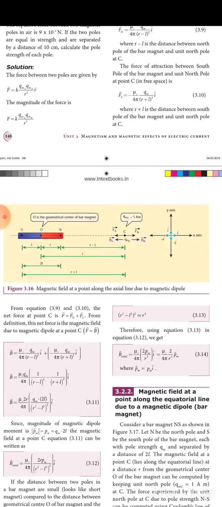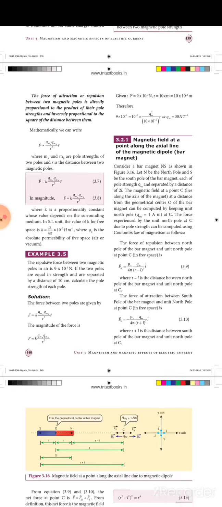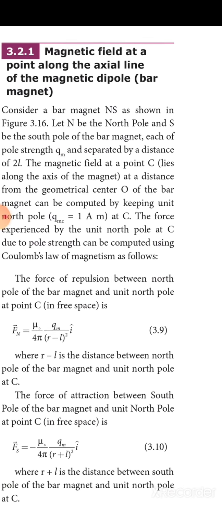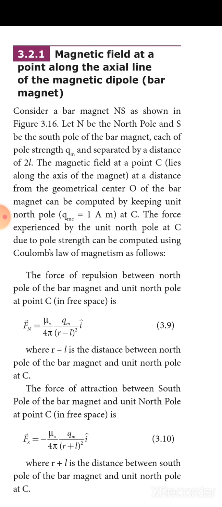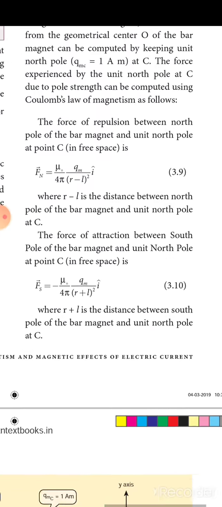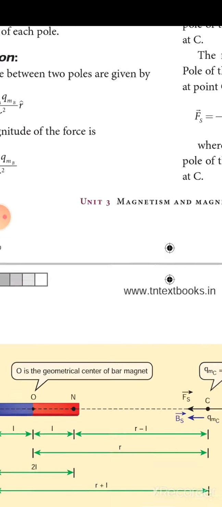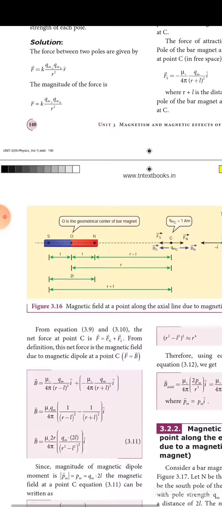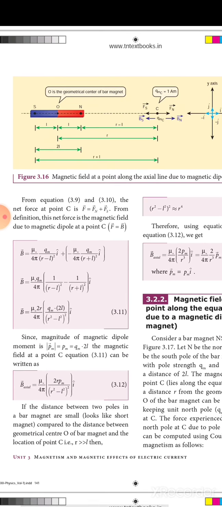And then five more repeated questions. Magnetic field along the axial line of the magnetic dipole or bar magnet. First of all, we draw the diagram neatly and explain the related components: what S and N mean, what O means, how they are separated by a particular distance, and what the field at point C means. We explain this elaborately.